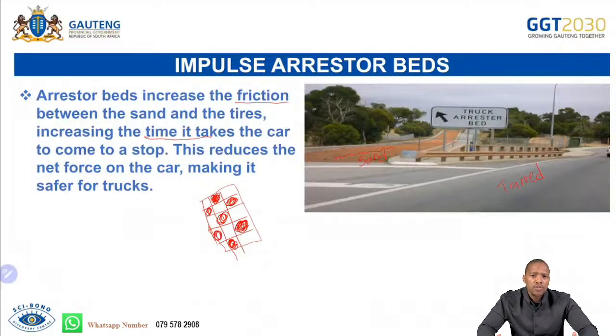Usually this is designed, most of the time, for big trucks. And you would find it on steeper roads, as the truck is going down the steep. Next to the steep, there will be an arrestor bed, so that if the truck happens to lose brakes while on that steep road, it's the truck driver's responsibility to direct the truck to an arrestor bed, where he will be increasing the time of contact between the tires and the sand, hence increasing the friction, hence increasing the time of contact.